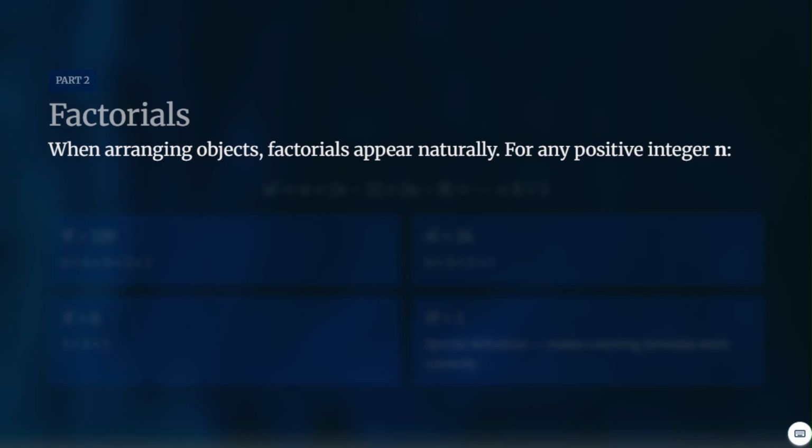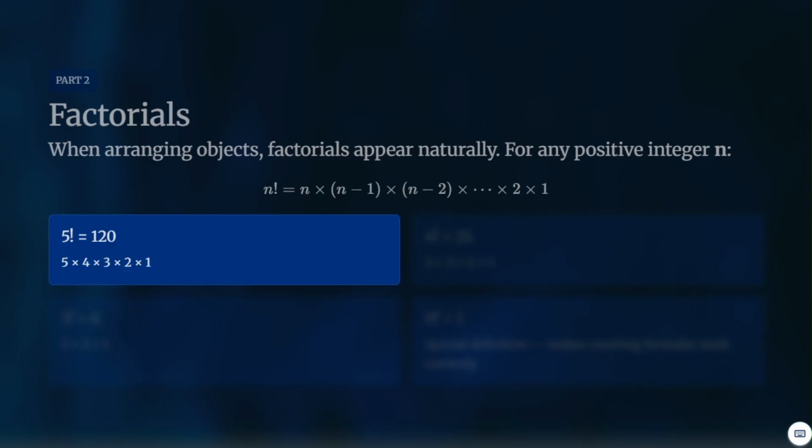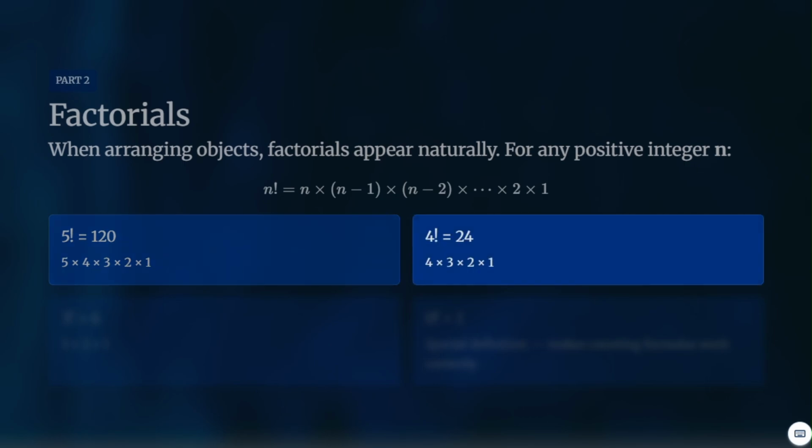For any positive integer n, n factorial, written with an exclamation mark, will be equal to n times n minus 1 times n minus 2 times n minus 3, and you'll keep going until you get times 2 times 1. 5 factorial will be equal to 5 times 4 times 3 times 2 times 1, which will be equal to 120. 4 factorial will be equal to 4 times 3 times 2 times 1, which is 24. 3 factorial will be equal to 3 times 2 times 1, which equals 6.